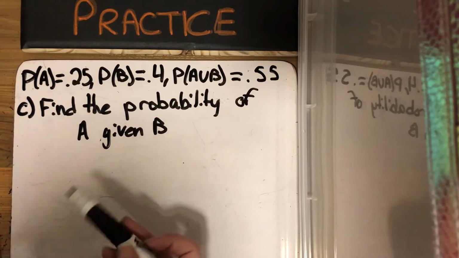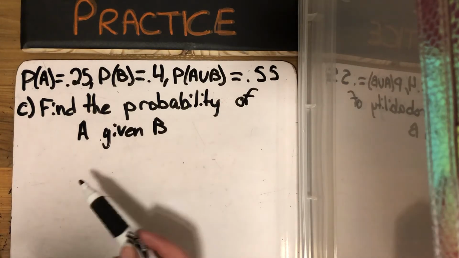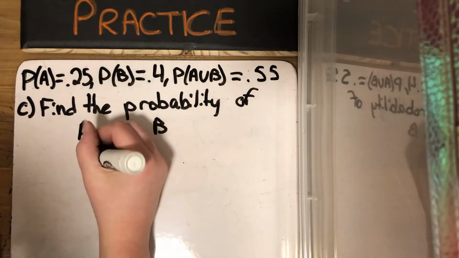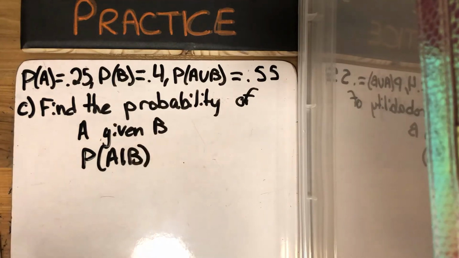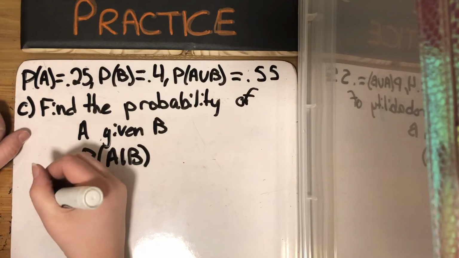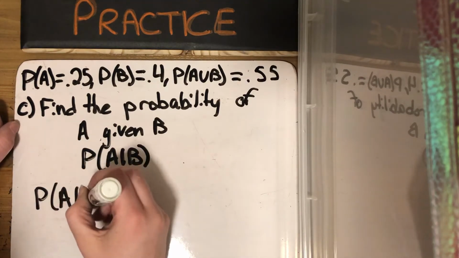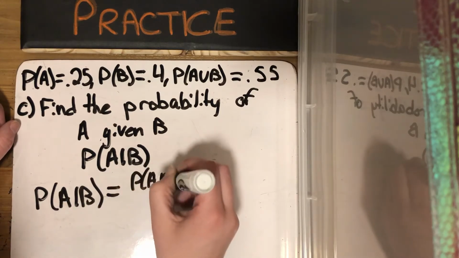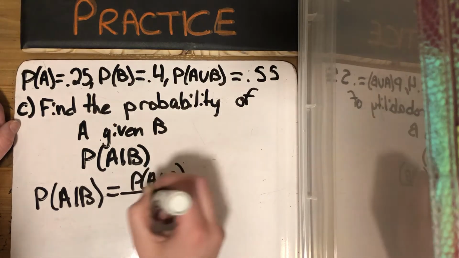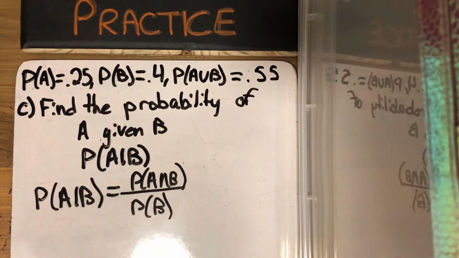For the last and final part of this problem, we were told to find the probability of A given B. We know that that can be written as just like that. And we also know the equation to find this. There's our equation.